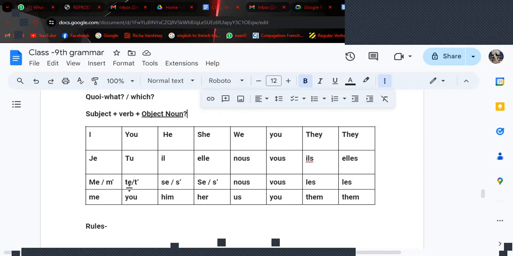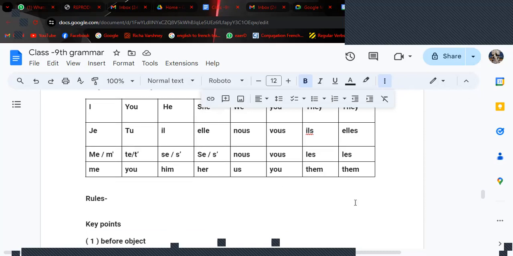It means me. Te, or t' with a vowel, means you. Le, or l' if a vowel is there, means him. La, or l' when a vowel is there, means her. Nous means us, vous means you, les means them.